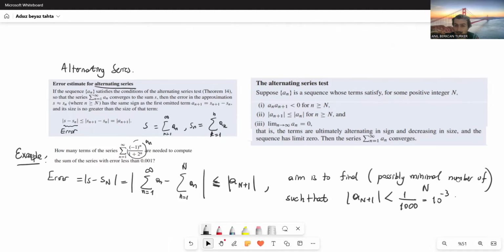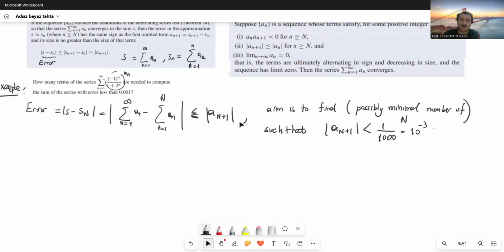So what is my original series? a n is this. What about a n plus 1? Let me calculate. It is 1 over 1 plus 2 to the power n. So my inequality is that this is less than 1 over 1000. So let me solve it.